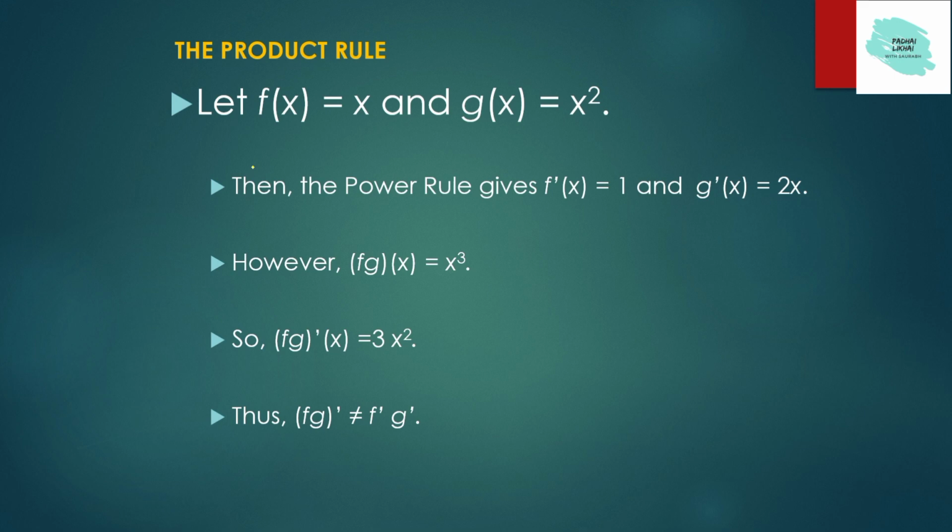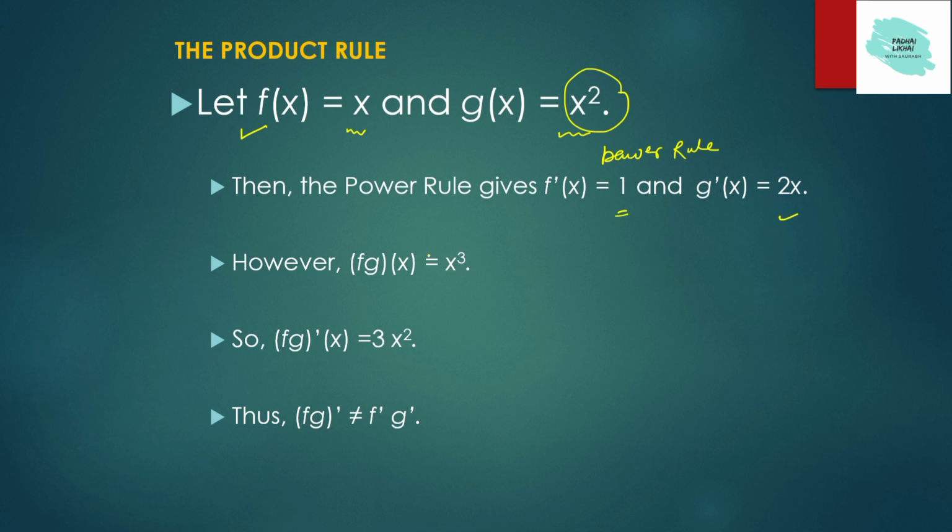If we have two functions, f(x) = x and g(x) = x², then one can think that the differentiation of the first function, f'(x), is 1 by the power rule, and the differentiation of the other function, again by the power rule, is 2x.